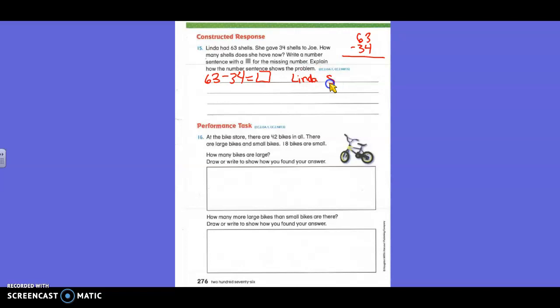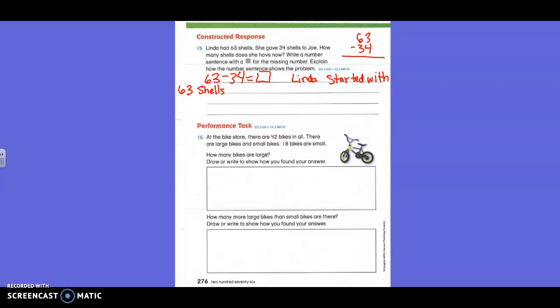Linda started with 63 shells. Linda started with 63 shells. Why do we put minus 34, Isaac? Because after 63 shells, it says she gave the 34 shells to Joe.